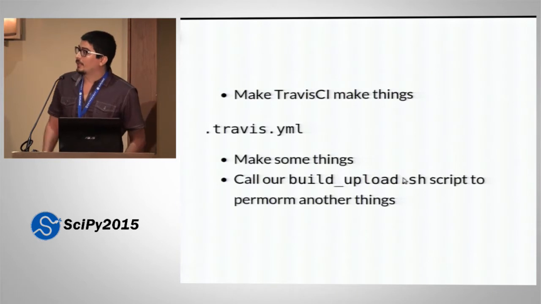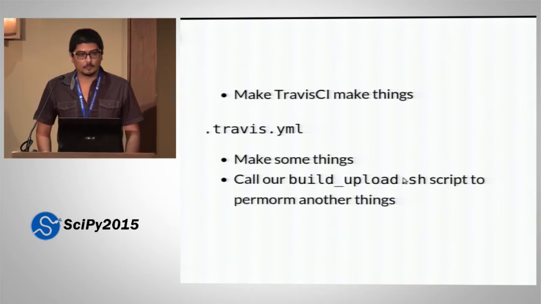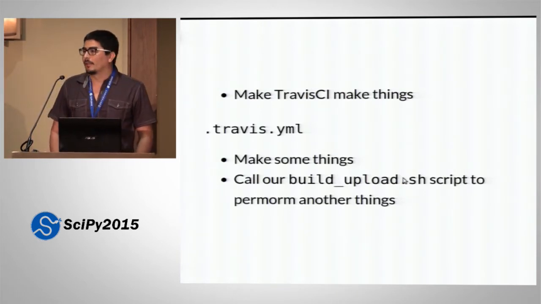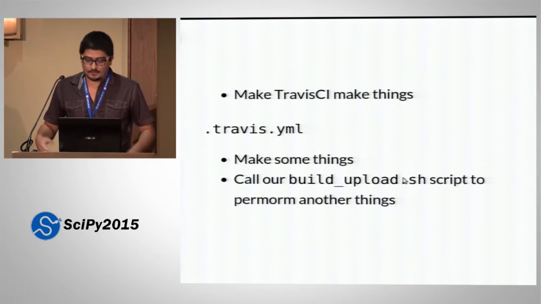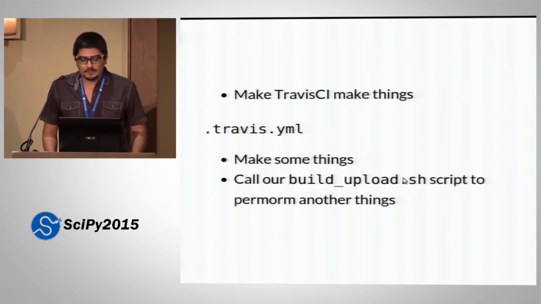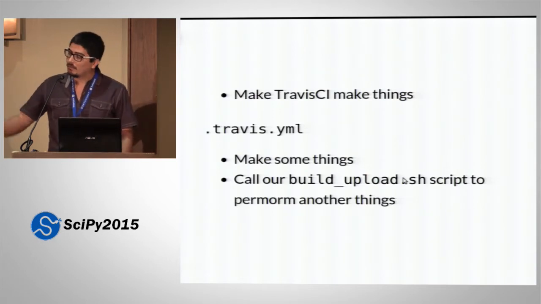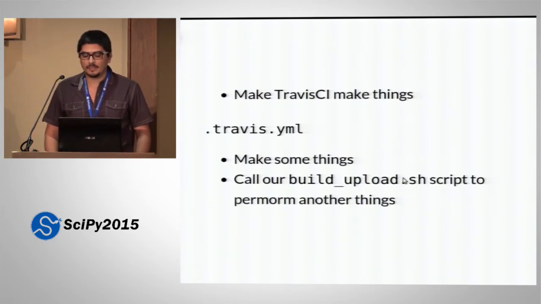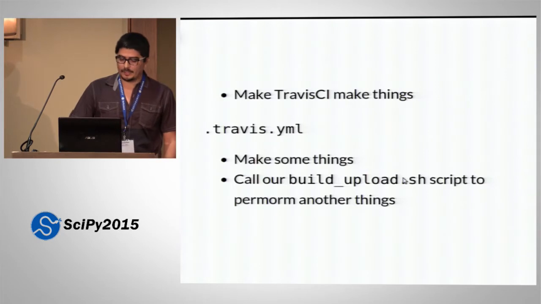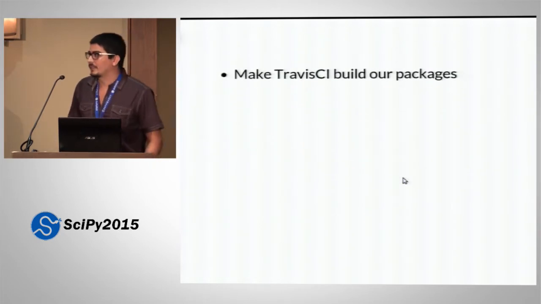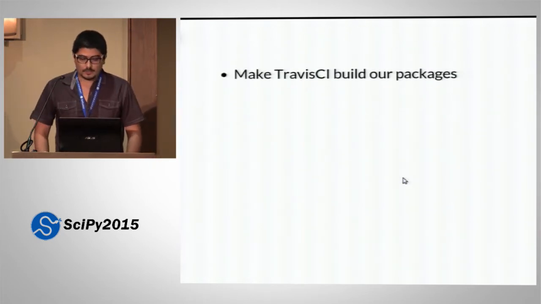So essentially, to do that, we have a Travis YAML file where you can make the Travis CI platform do something, and also you can call your own script from there to perform some other, more specialized tasks.